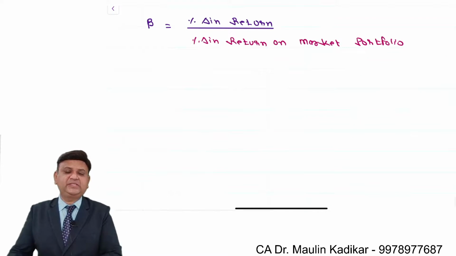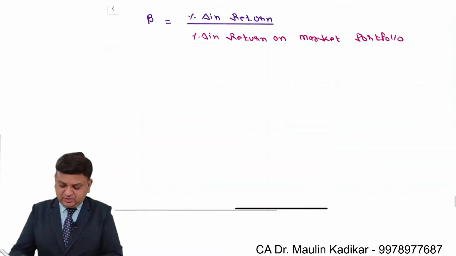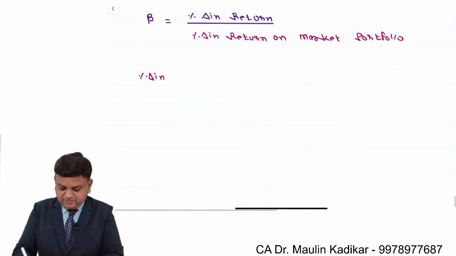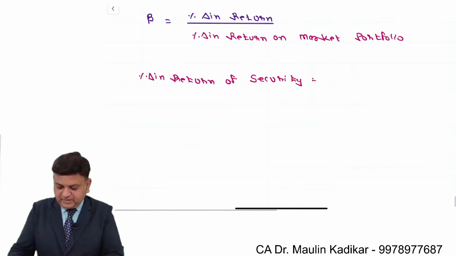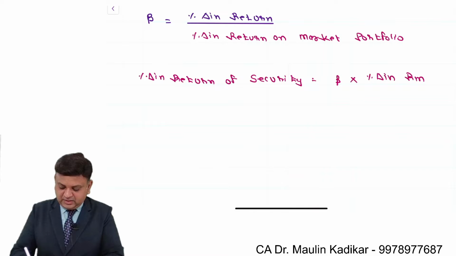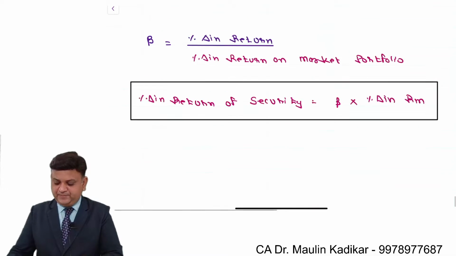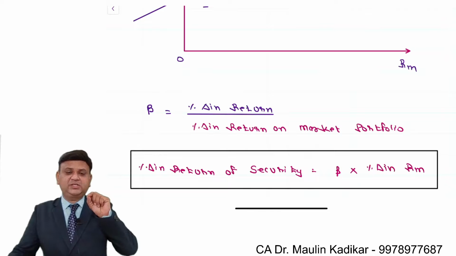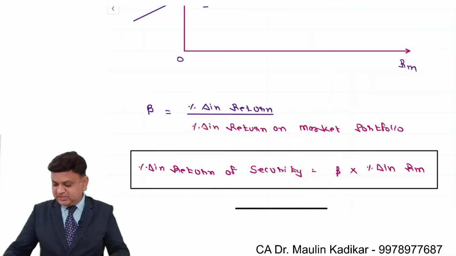Beta measures what is the percentage change in the return of the security or portfolio with change in the market portfolio return. So percentage change in return of security is equal to beta into percentage change in return on the market portfolio. This is the formula that we understand for how the return of the security will change. It will change as change in the market return into beta.